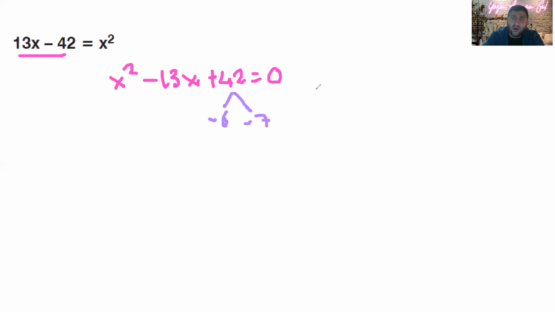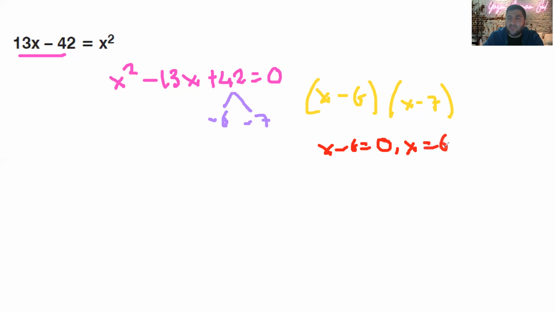So again, how we write the factors: x minus 6 times x minus 7. The final step is to make each factor equal to 0. So x minus 6 equals 0, then x equals, taking the negative 6 to that side, positive 6.